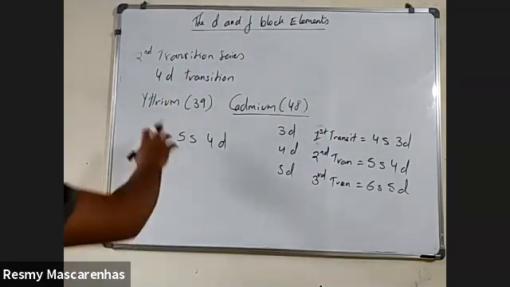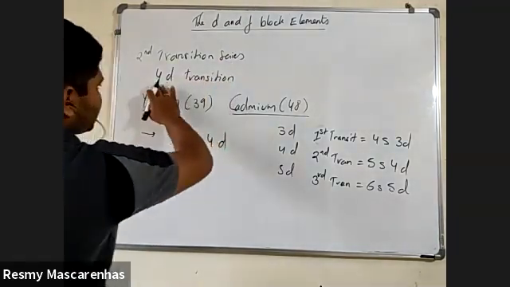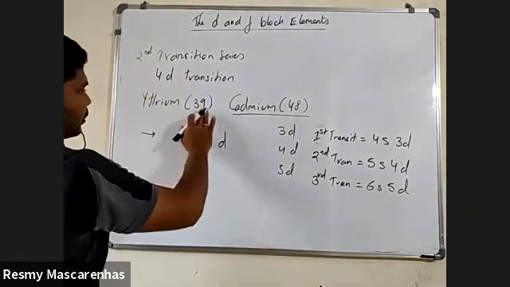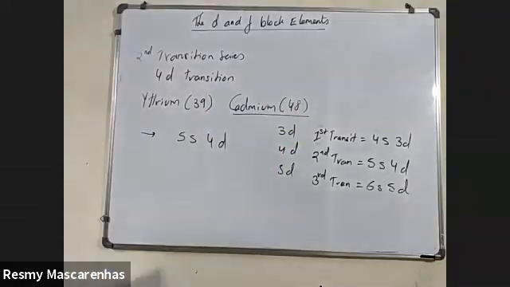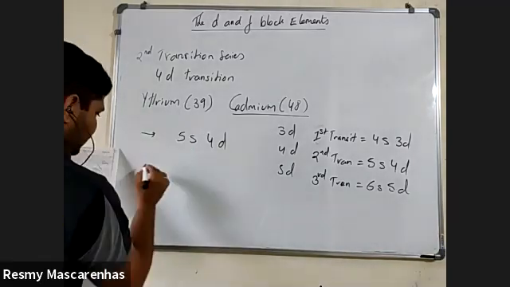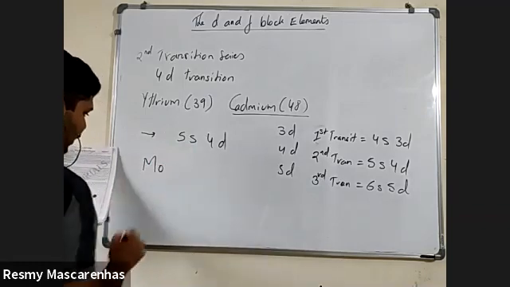Okay, so the second transition series is a 4d transition. It starts from yttrium, that is 39, and ends at cadmium, that is 48. Only remember this much. Okay, one more element is there, in this case it is called molybdenum.